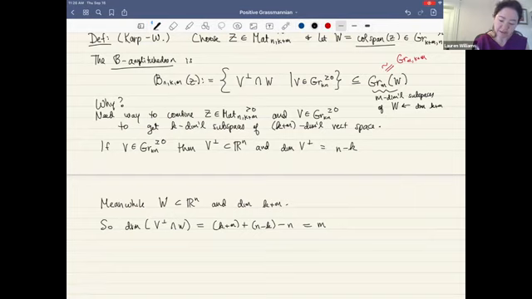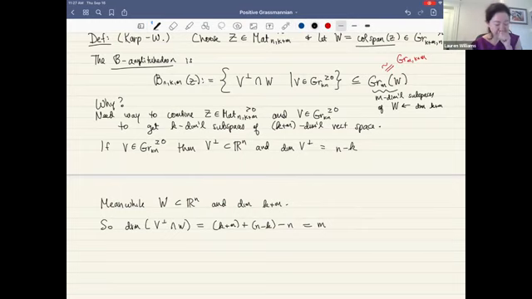So all these elements do represent m-dimensional subspaces of W. Okay, so I hope this justifies that this lies in the expected sort of space.